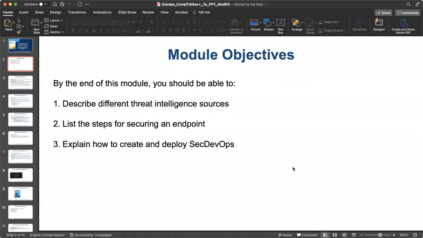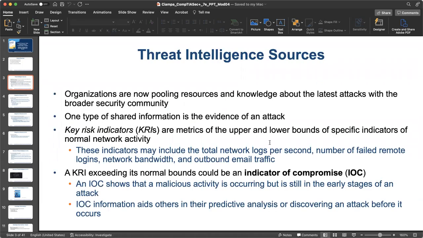Hopefully by the end of the lecture, you will be able to describe different threat intelligence sources, list the steps for securing an endpoint, and explain how to create and deploy DevOps or security development operations, right? So that's the new field. It's getting very hot these days, and it's good that you're touching it as a part of this lecture.